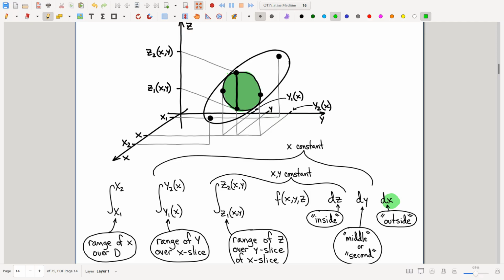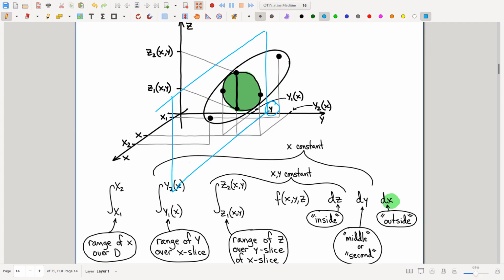So, okay, on that x slice, what's the deal with y? Now, there's a geometry visualization thing. There's no way around it. If I'm going to look at a y slice here, I'm going to be taking a cross section perpendicular to the y-axis, and you got to use your 3D visualizing.